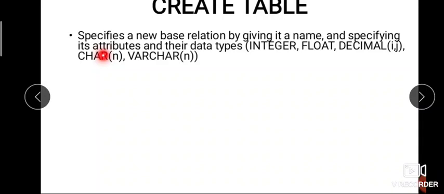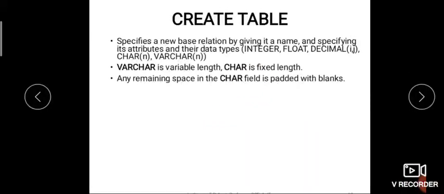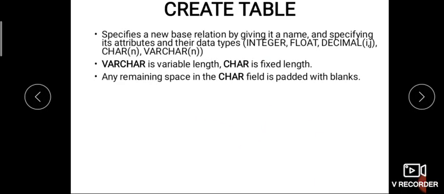So it is fixed, but variable character is not like that. You have given variable character of 10, but if you store only the 5 character name Latha, the remaining 5 characters will be given back to the heap. So efficient usage of memory will be done by the variable character. That is what I said: variable character is of variable length and character is fixed length. Any remaining space in a character field is padded with blanks.